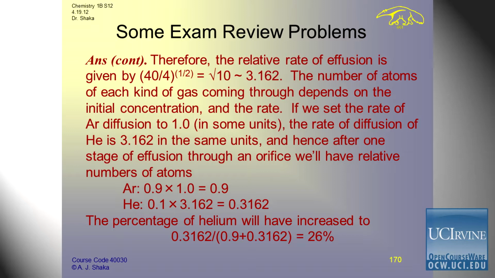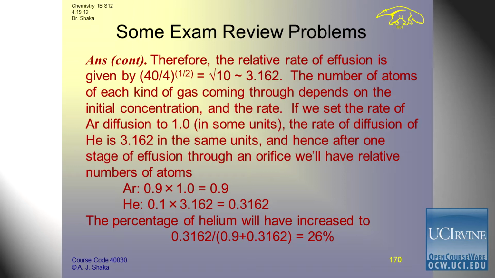And so the 10% of helium at 3 times faster a rate, I'm going to have 0.3162 amount of something coming through. And so what happens is total, I have the 0.9 plus the 0.3162, that's how much got through, and this is how much helium there is. That's now 26%. So we increased from 10% helium to 26% helium.